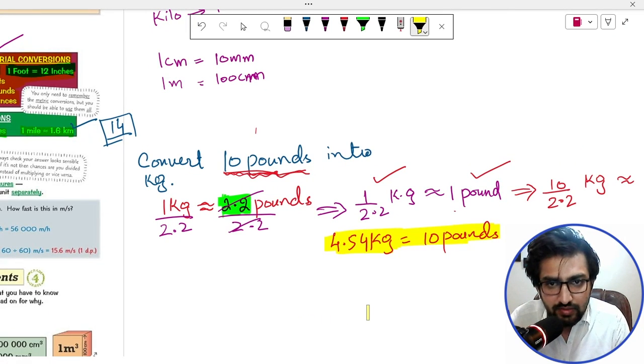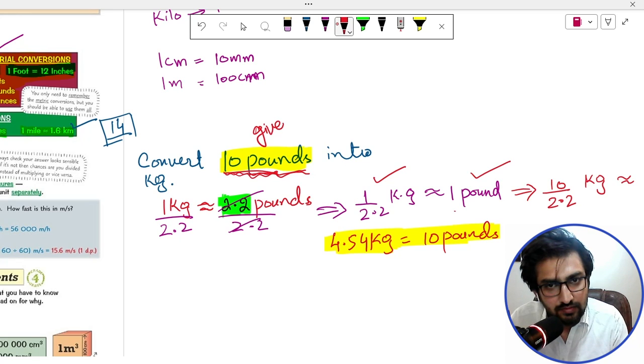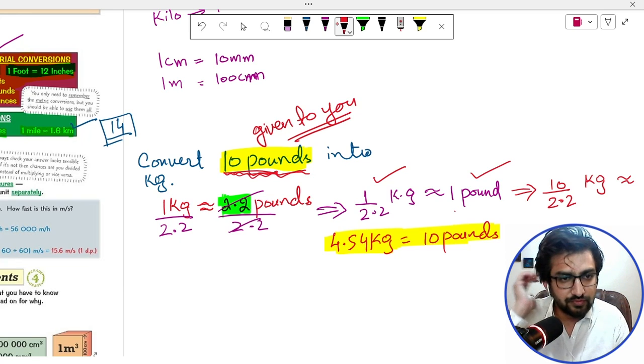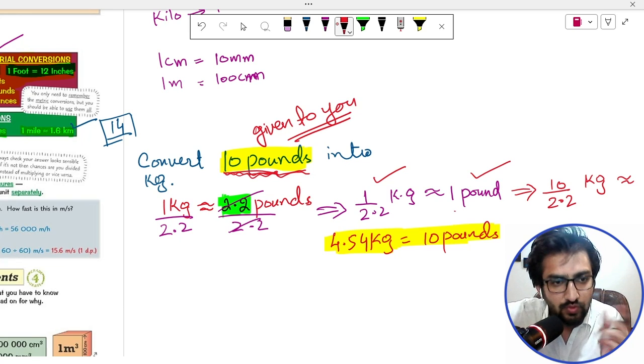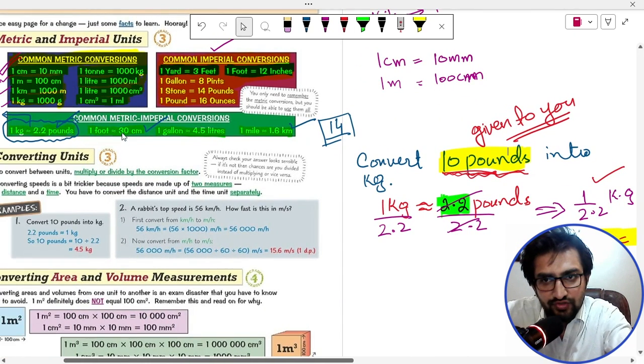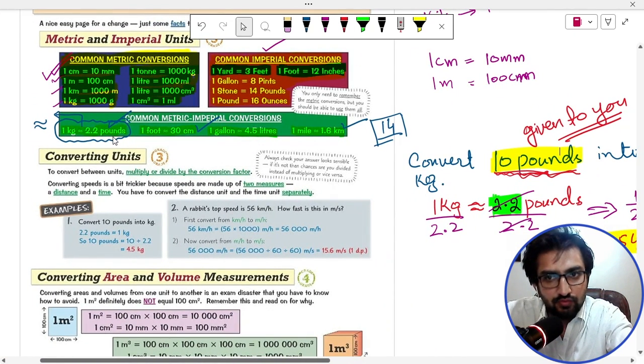So it says convert 10 pounds into kilograms. Pounds are given to you, and you want to find 10 pounds in kilograms. So first of all, you take out the conversion equation which you have studied here: 1 kilogram is equal to 2.2 pounds.